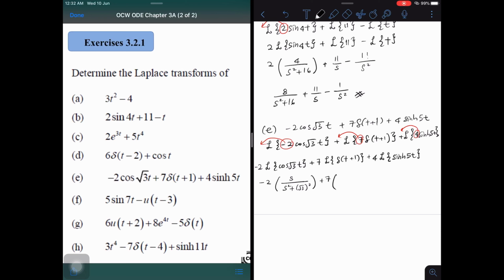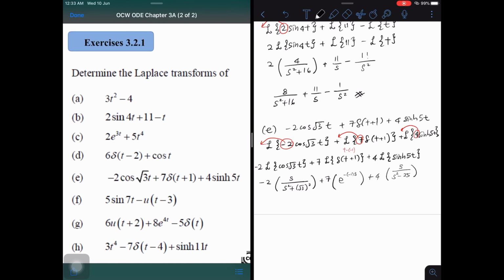Now your d is negative 1, because we have t minus d, therefore t minus negative 1 here. So the Laplace transformation of the delta function here is e to the power of negative 1 s. And you have plus 4 times the Laplace transformation of sine hyperbolic, where the formula is a over s squared minus a squared, so your a is 5, over s squared minus 5 squared, 25.